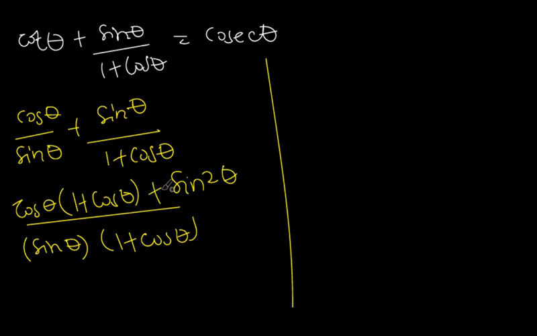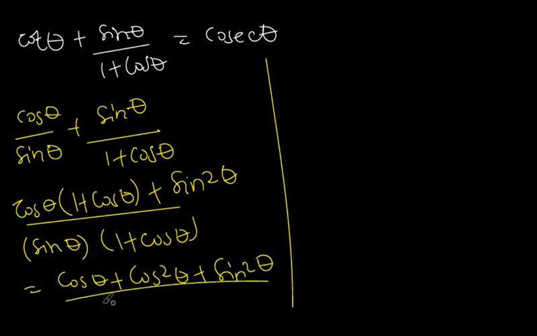From there we can expand the bracket to simplify things. If we expand this, we are going to get cos theta plus cos squared theta, then plus sine squared theta, all over the denominator, which is sine theta, then 1 plus cos theta.